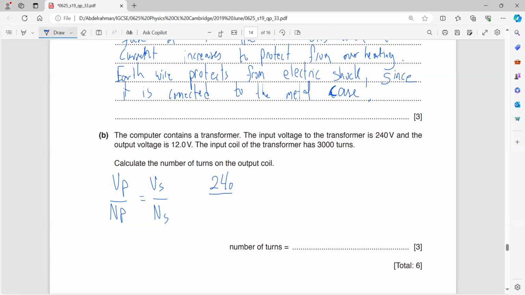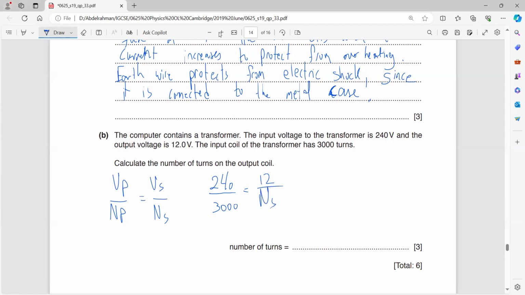What is NP? 3000. Yes, correct. What is VS, the secondary voltage? 12. Can I find the number of turns on the secondary coil?